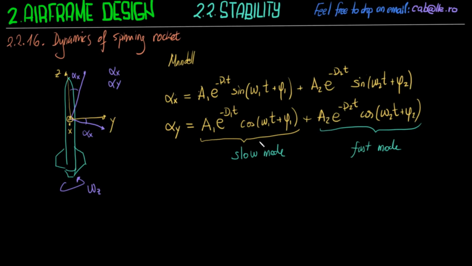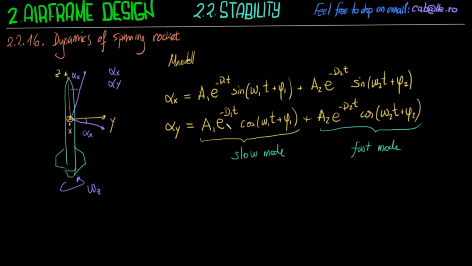So we have a slow mode that is going to define our movement, and on top of that slow mode, which defines the movement, we have a perturbation. We can see this is like a perturbation term.